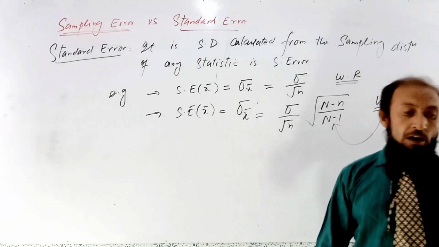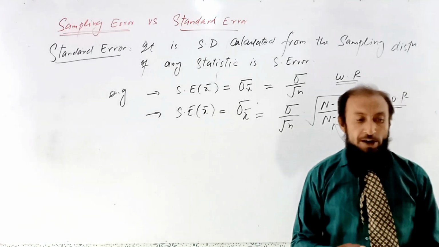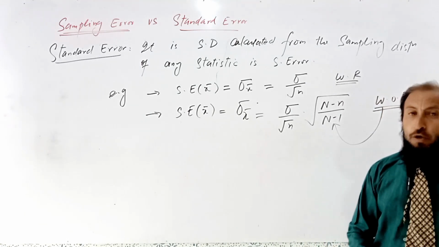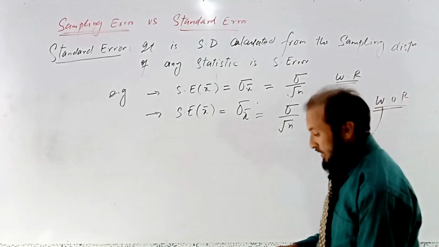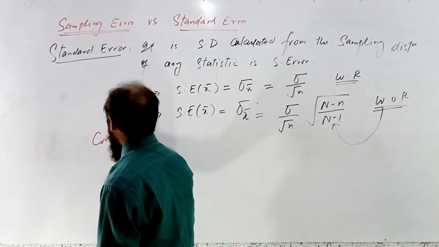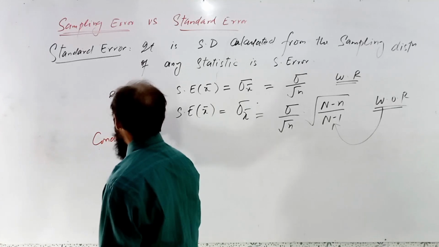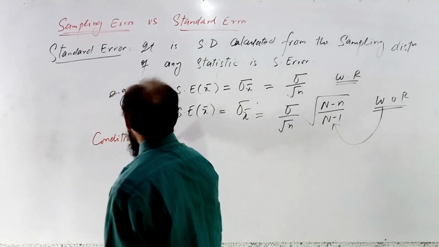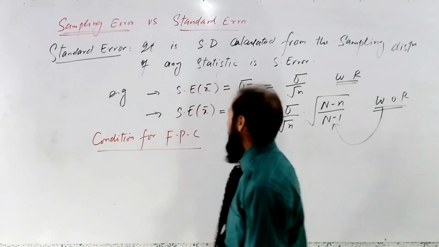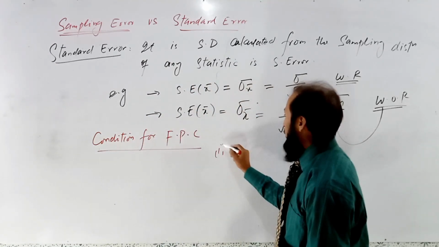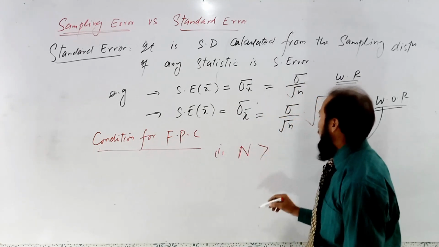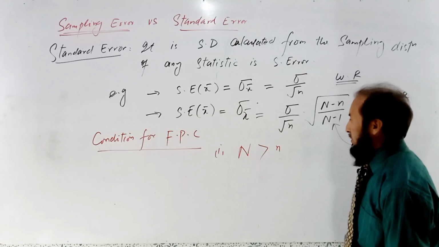Now we are using the finite population correction. There are two conditions we are using for the finite population correction, FPC. The first one is that the population size is greater than the sample size.